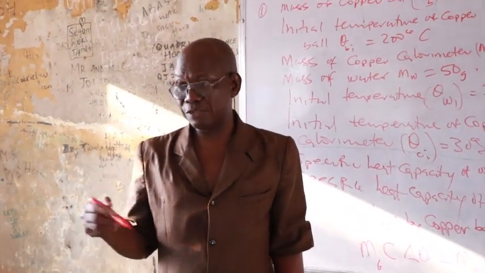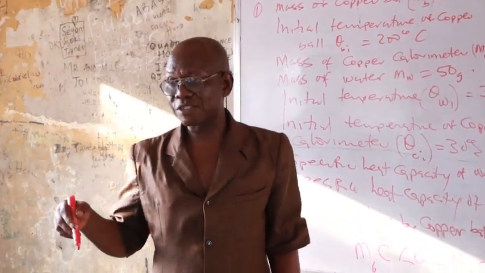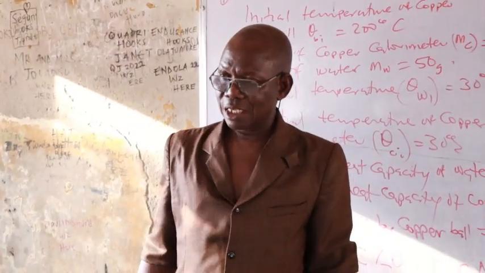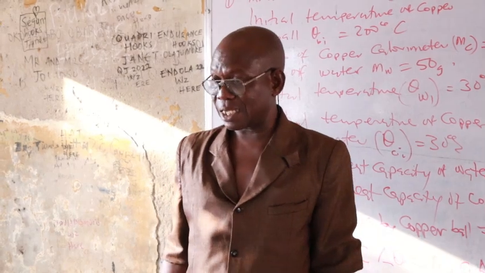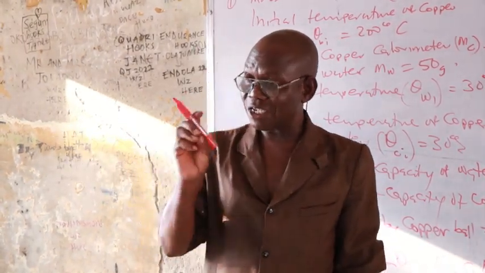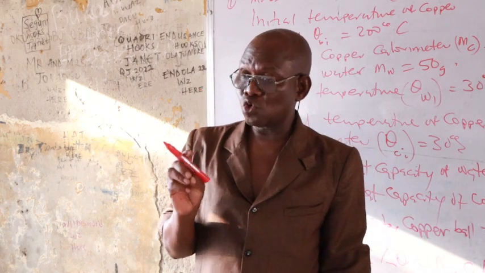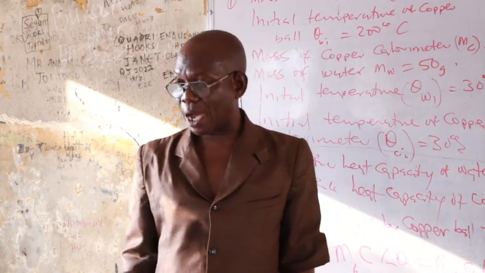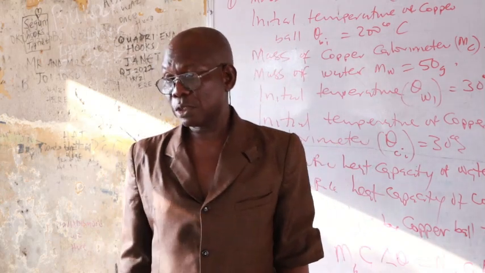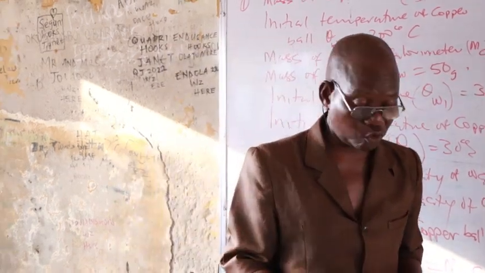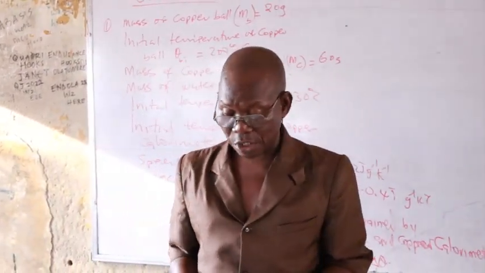If it were steam at 200, it will cool down to 100. Change of state will take place in that case. This is a copper ball, a solid ball that is heated to that temperature, and dropped into this. It will not go to any before it comes back. Is that clear to you? Actually, I really expect somebody to respond to that. But time is not our friend.